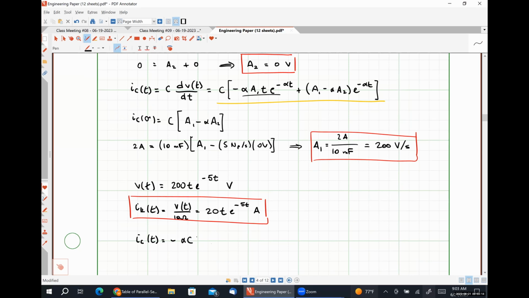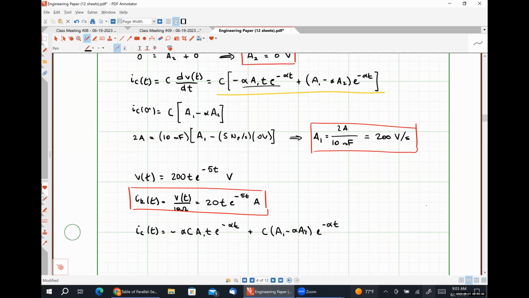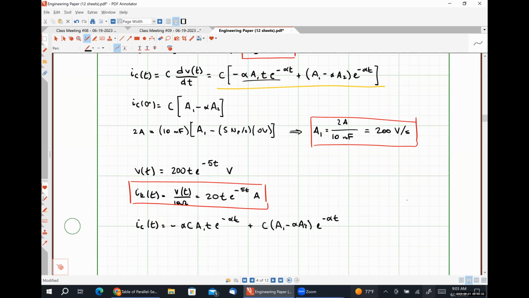Negative alpha C A1 T e to the minus alpha T plus C A1 minus alpha A2 e to the negative alpha T, where we know what alpha, C, and A1 are, right? So alpha was 5, so negative 5 times C, which was 0.01, times A1, which was 200. It's going to look like negative 10t e to the minus alpha t.